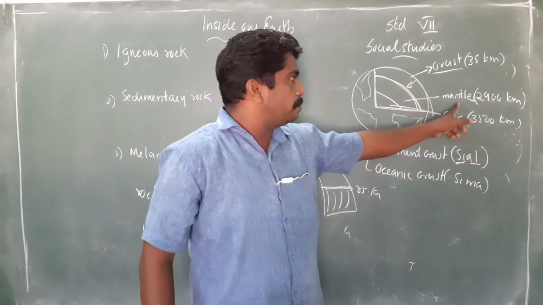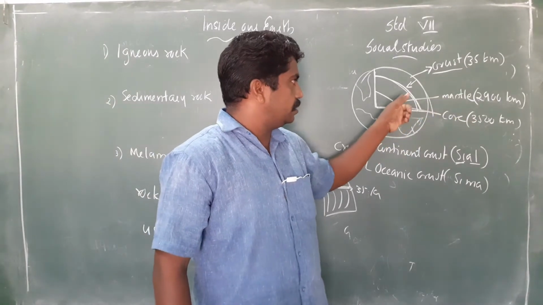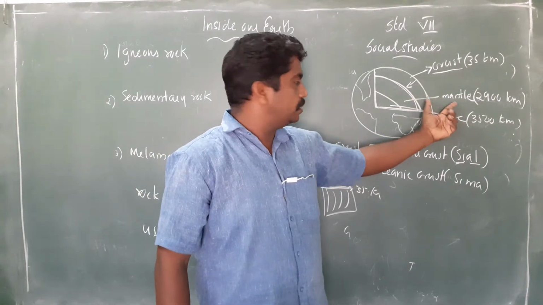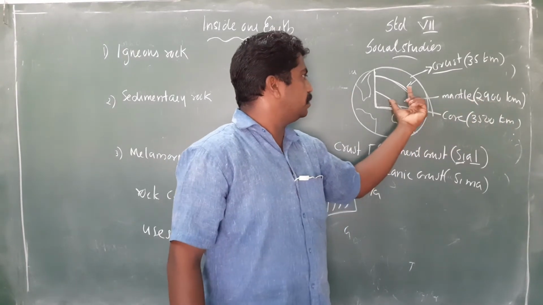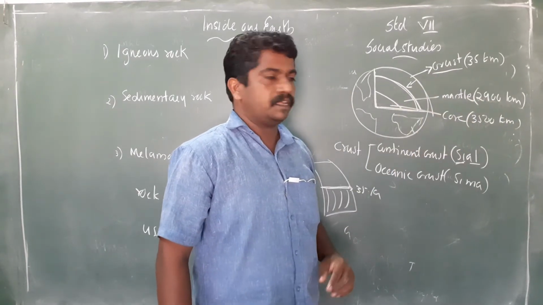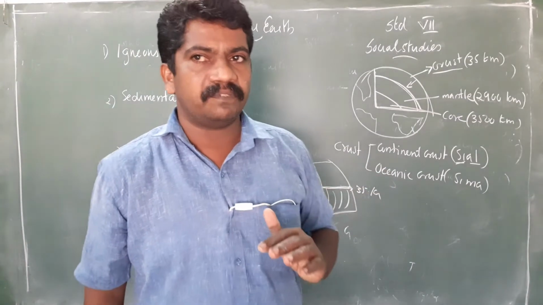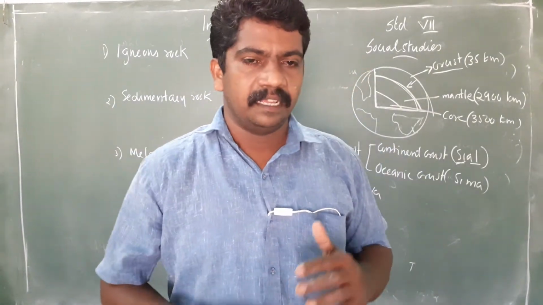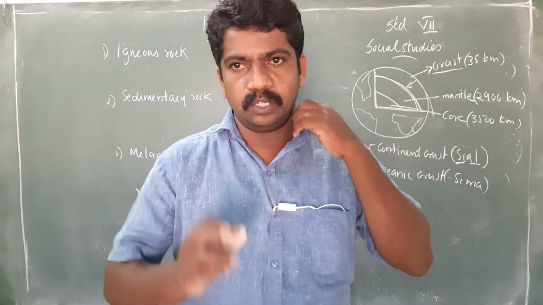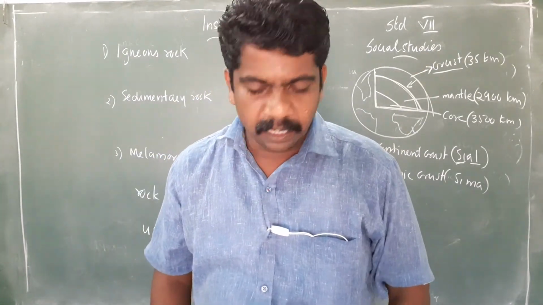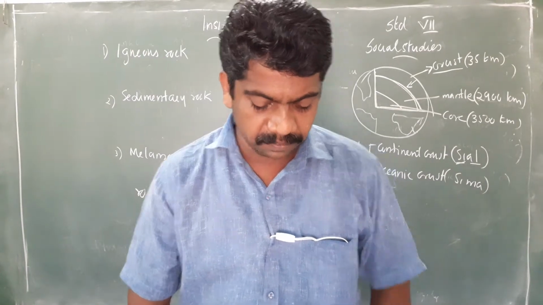Then another one, mantle. Just under the crust there is the mantle. It is 2,900 kilometers thick. After the crust we study about the mantle. The mantle lies between the core and the crust.